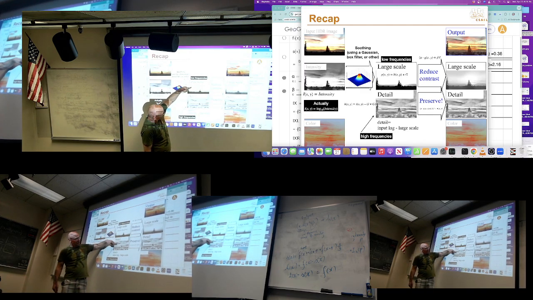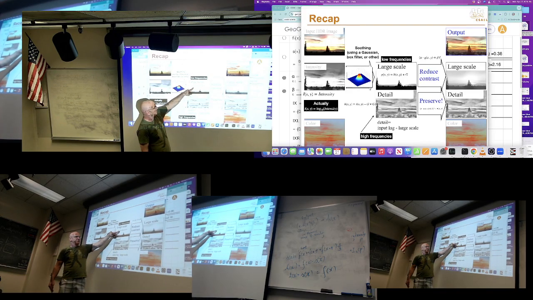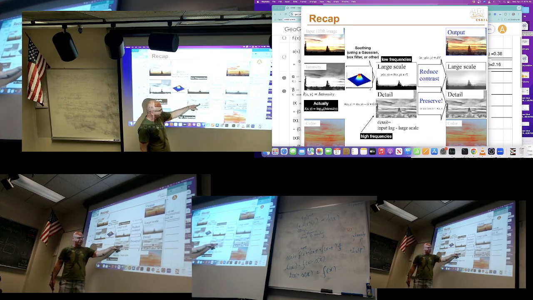And now, how did I get this one? I took the original image minus the low frequency. That's the high frequencies. See? You see that all the special details stayed over here, but the contrast of this image is much lower.